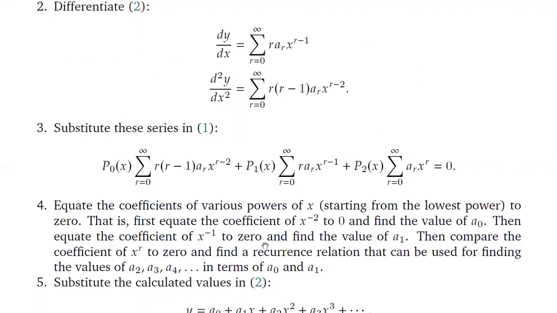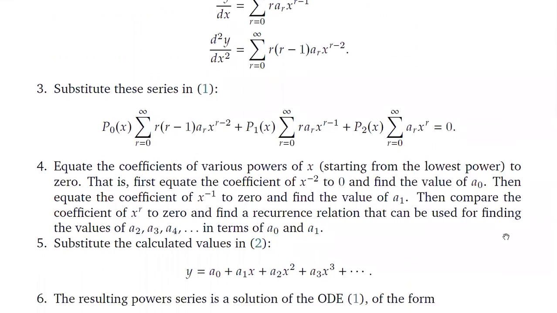When you equate the coefficient of x power minus 2 to 0, the coefficient will be, when you put r as 0 here, 0 into 0 minus 1 and a naught. So you should be able to calculate the value of a naught. Then equate the coefficient of the next least power term of x, which will be x power minus 1, and you should be able to calculate the value of a1.